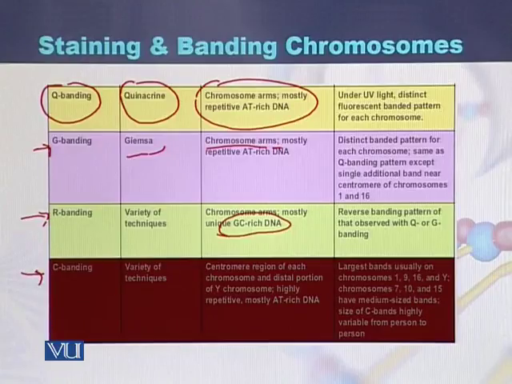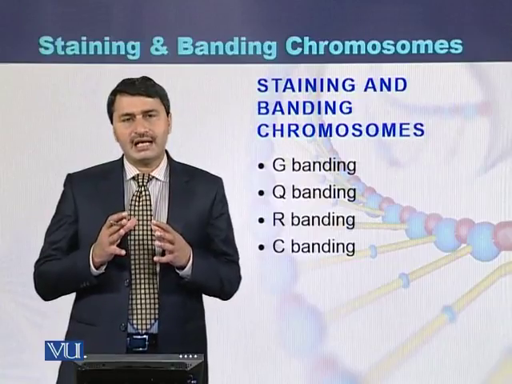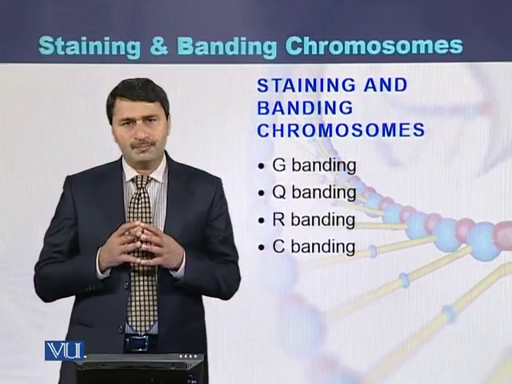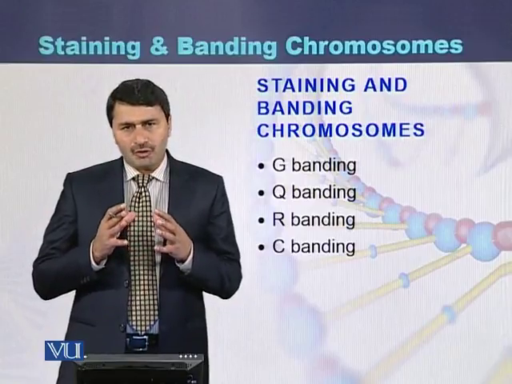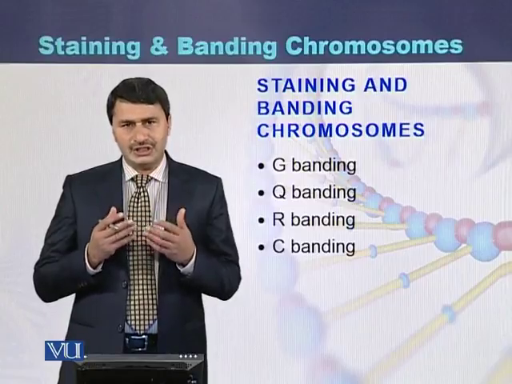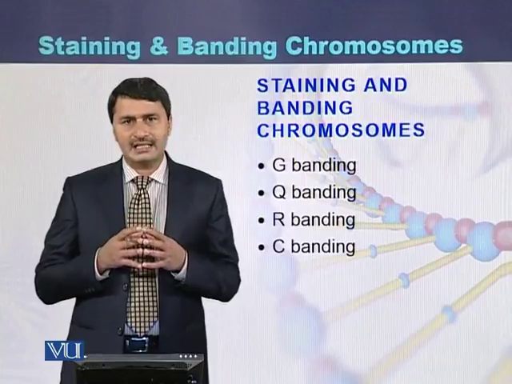To perform the C banding, there are different techniques and C banding is particularly for the centromere of the chromosomes. So we can say that there are different banding patterns of the chromosomes. 4 important banding patterns are G banding, C banding, Q banding as well as R banding.